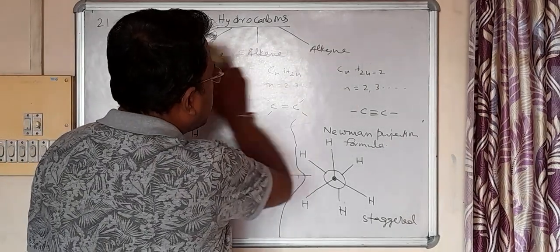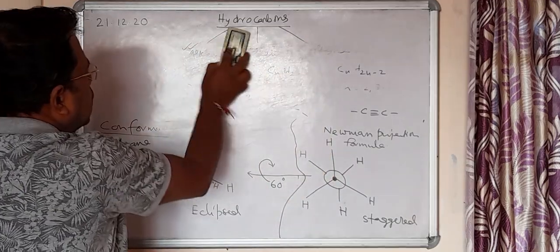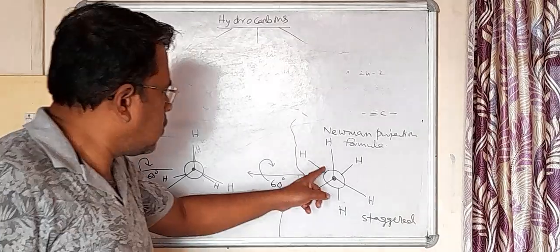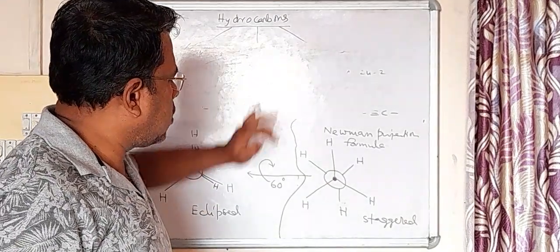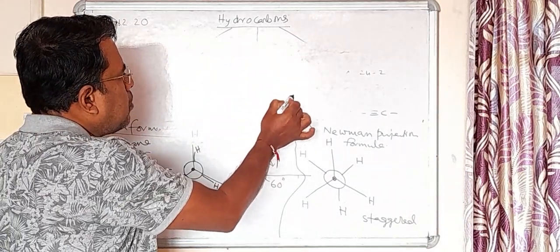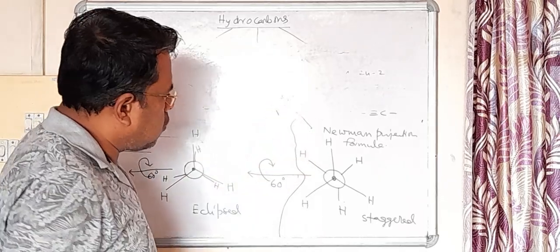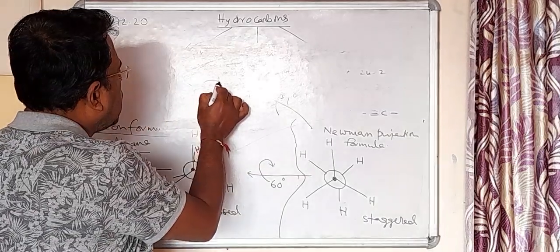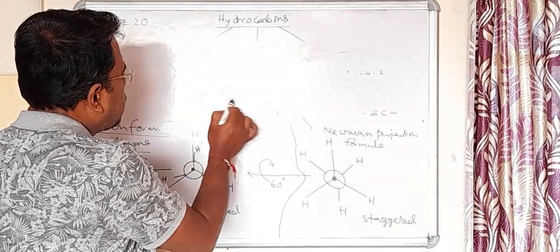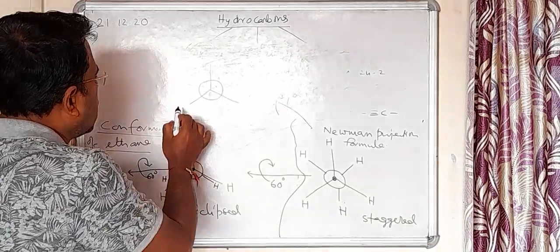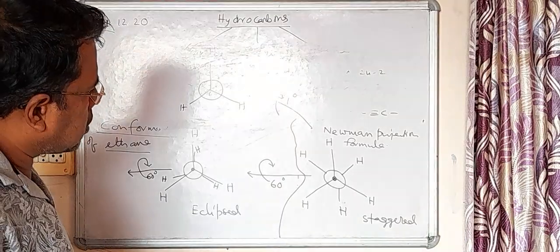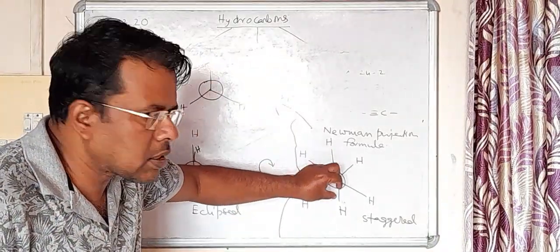Suppose one more form I am drawing for you. Suppose here we are rotating it by, say, 1 degree. On rotating by 1 degree, what form will we get? This is the front carbon atom. I am keeping the front carbon atom fixed, and this is the hydrogen, and the back carbon atom will be displaced by just 1 degree.